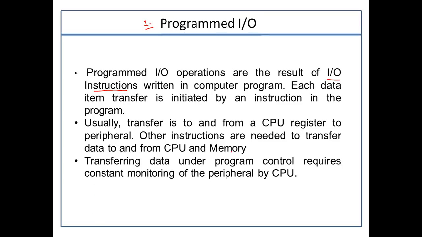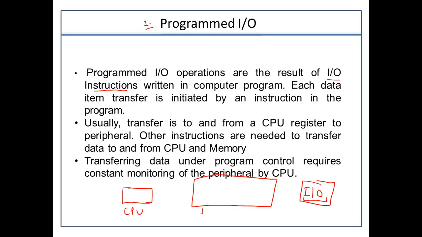Now the very first point here is that in the programmed input output, I will be having a CPU at one side and the peripherals at the other side. In between these two, I am having the interface available, and the data transfer will take place in this manner only.